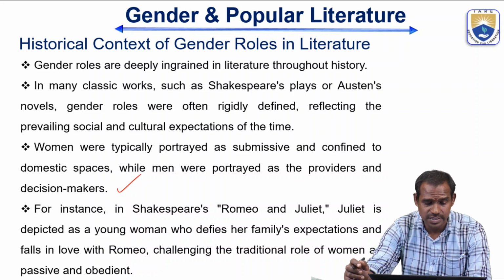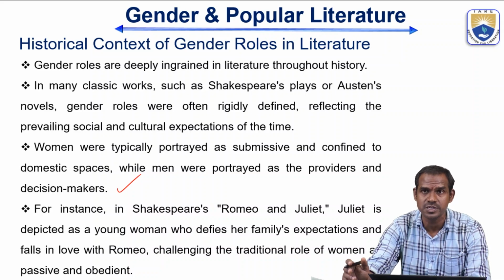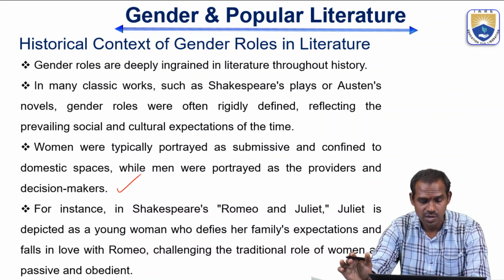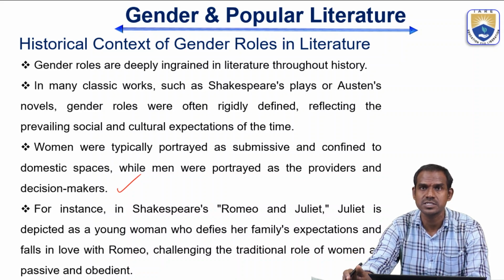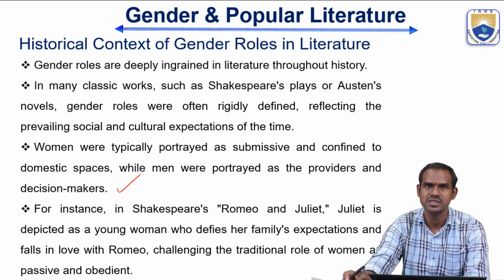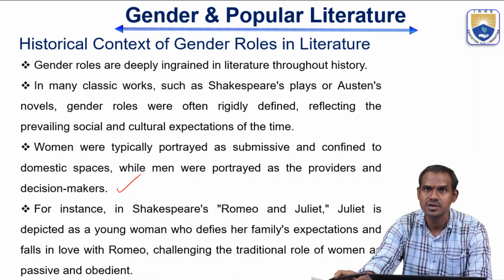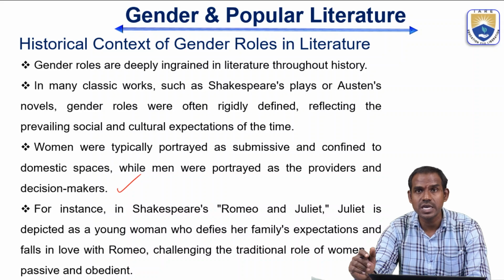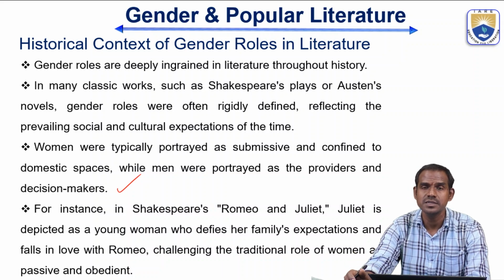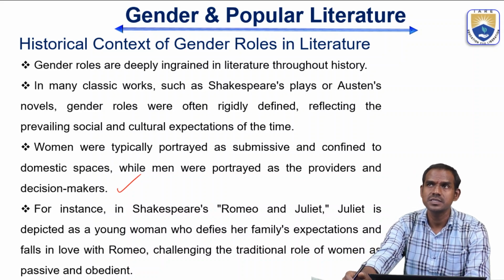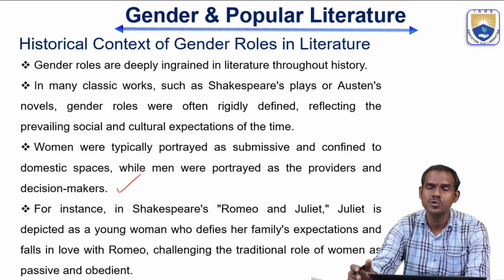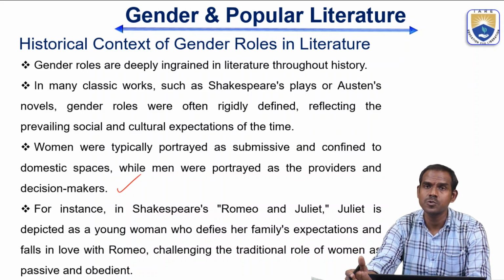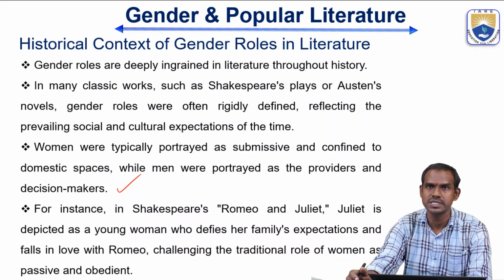But here, Juliet is the young woman who denies family's expectations and falls in love with her beloved Romeo. So she challenges the traditional role of woman in society. She wants to prove that both genders have the right to take their own decisions on their own maturity.